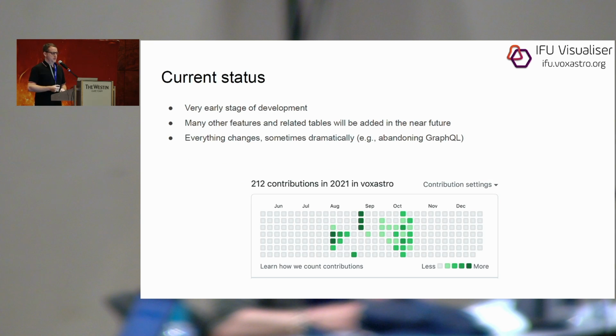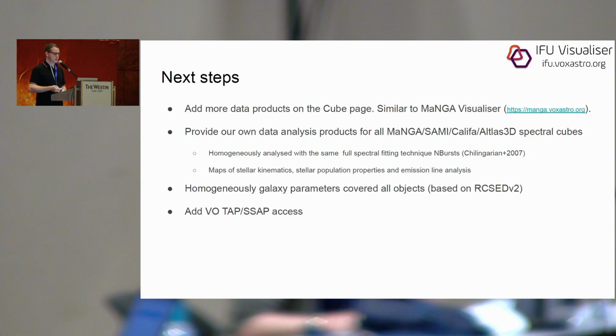Currently, the status of the IFU visualizer is that we are at a very early stage of development. Sometimes development is super intensive, I would say violent, and some pieces of this part can be changed a little bit. And here are our next steps.